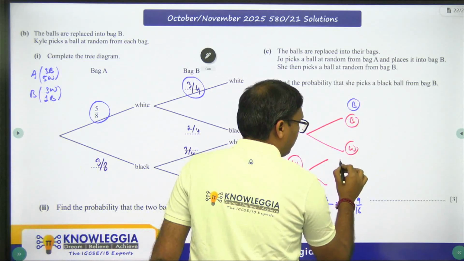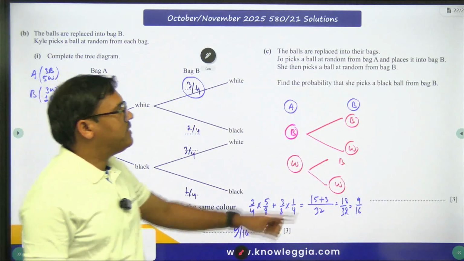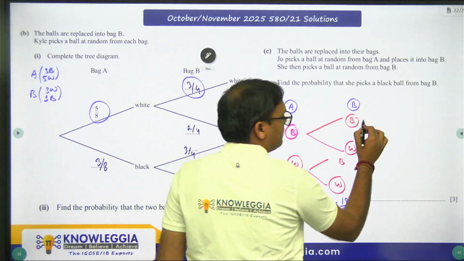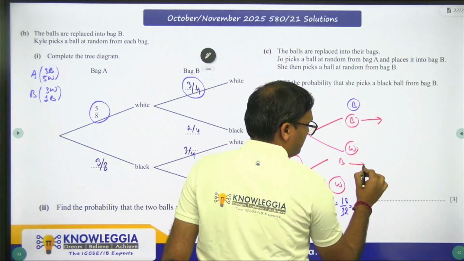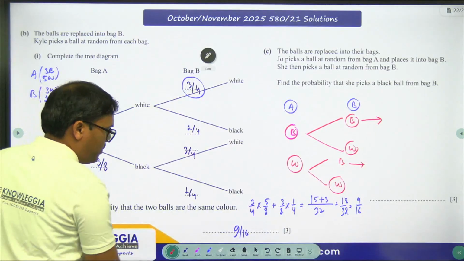So what is the probability that she picks black from bag B? These are the two possibilities. We have to write this case or this case.